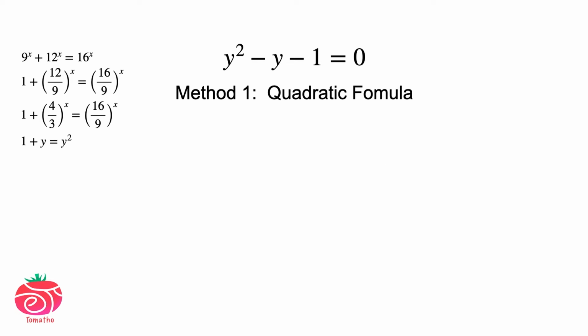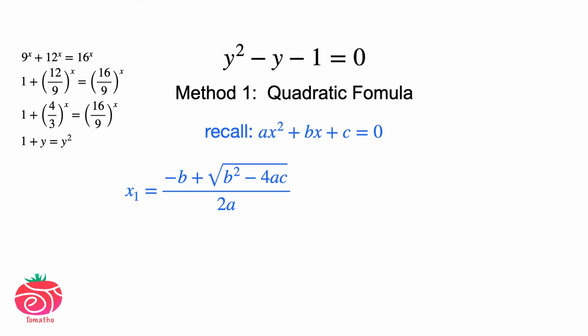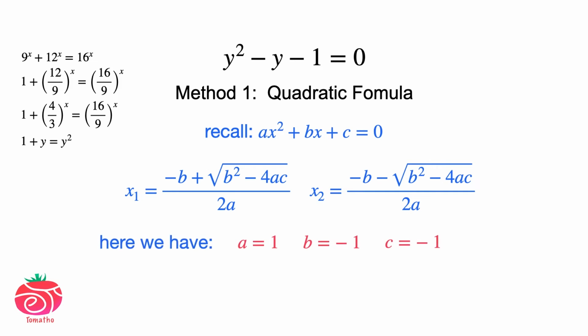To approach this equation, there are two methods that we can use. First is the quadratic formula. If we have ax squared plus bx plus c equals 0, the roots of the quadratic equation are the following. Looking at the corresponding coefficients of our equation, we have a equals 1, b equals minus 1, and c equals minus 1.